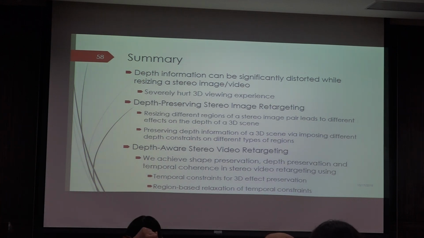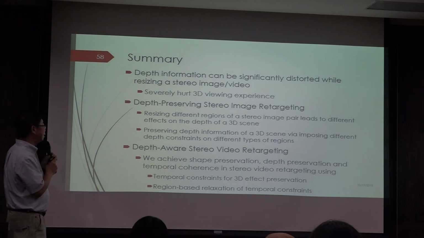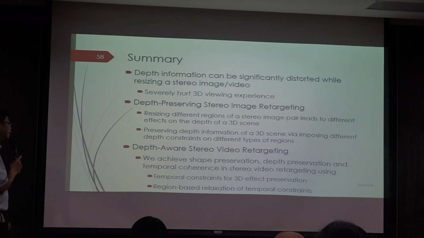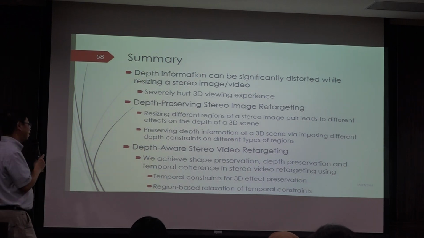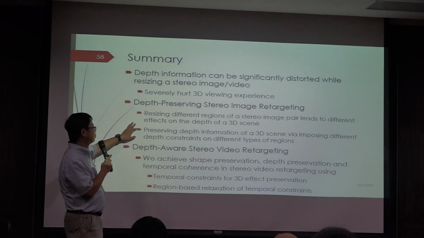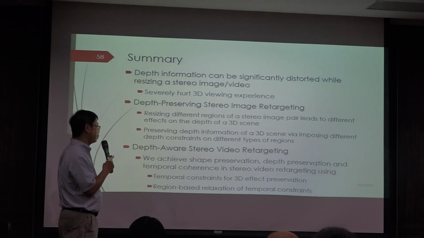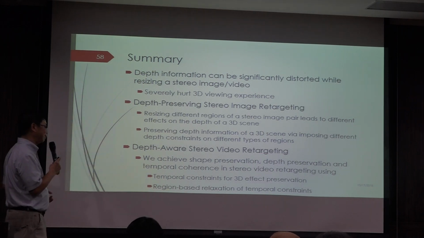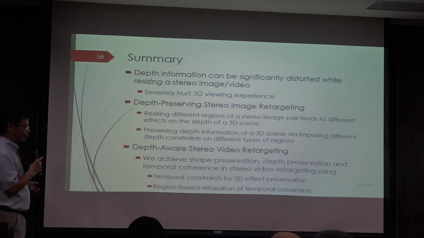In this talk, we presented two works. The first work is depth-preserving stereo image retargeting, where we classify the stereo image into three different kinds of regions, and we show that resizing the three kinds of regions leads to different effects on the depth distortion.